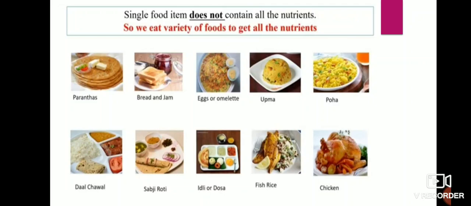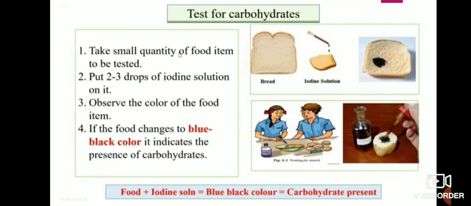Let's begin by testing different food items to see if they contain carbohydrates. There are many types of carbohydrates. The main carbohydrates found in our food are in the form of starch and sugars. We can easily test if a food item contains starch. So, this is the test for carbohydrate or starch.